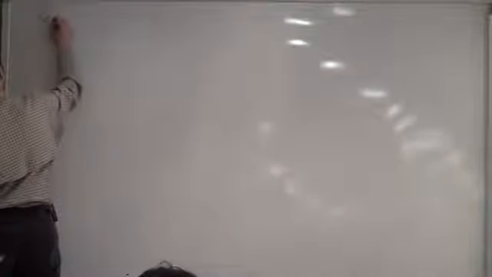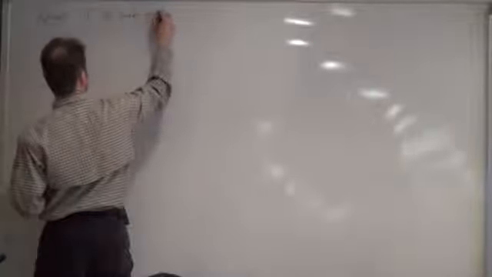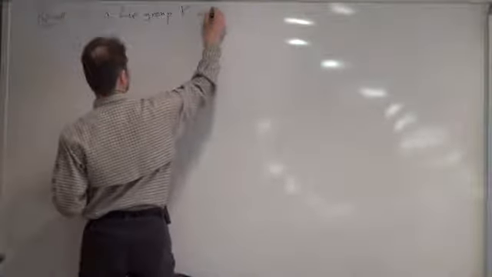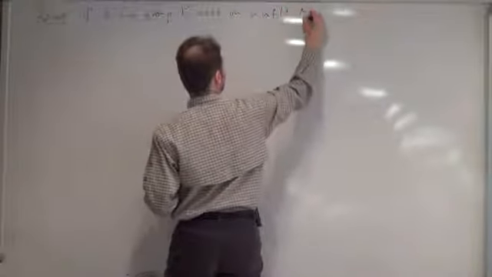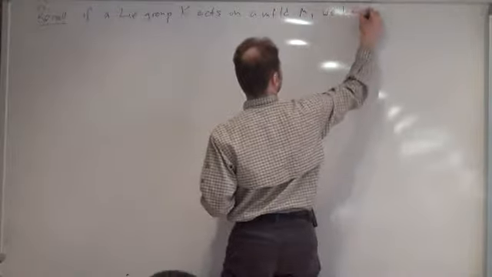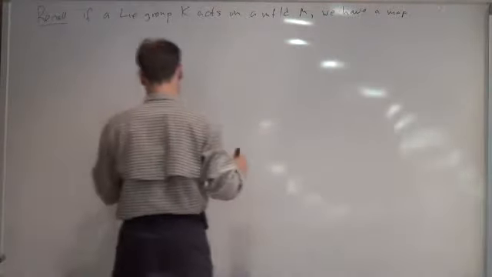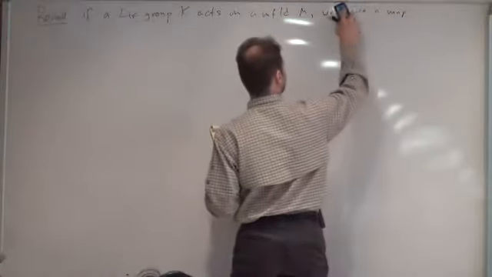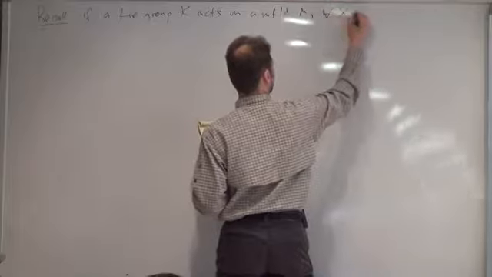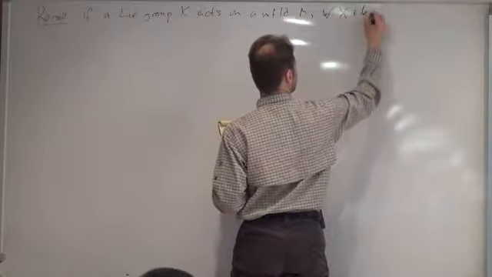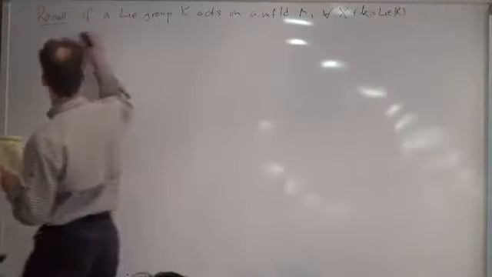Recall, if a Lie group K acts on a manifold M, we have a map... well, let's see. I'm going to say it slightly differently. Then for any vector in the Lie algebra, we have a vector field.